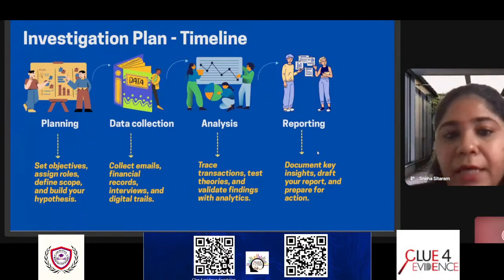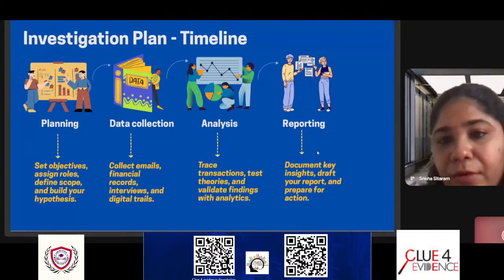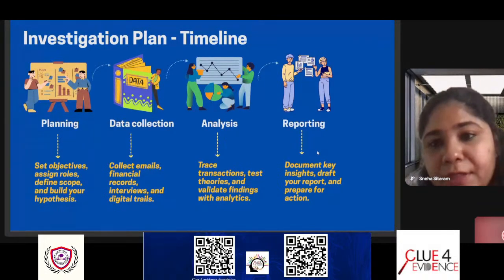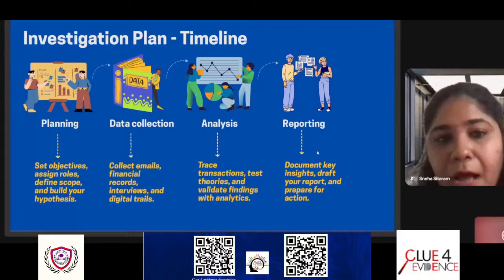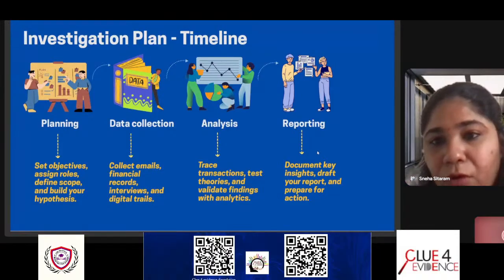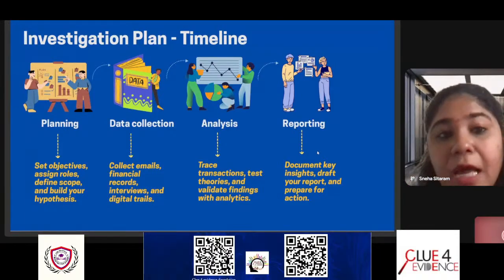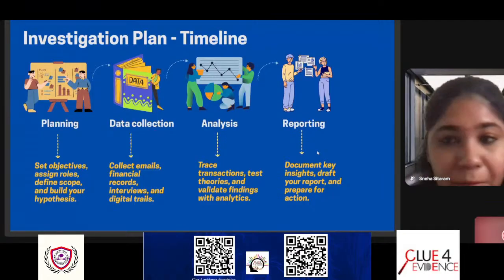And apart from that, there is the reporting stage. Before you get into the reporting stage, you would have all your evidence, your plan, your map of who is involved, and your documentation reviews. If need be, you can even do public domain searches.